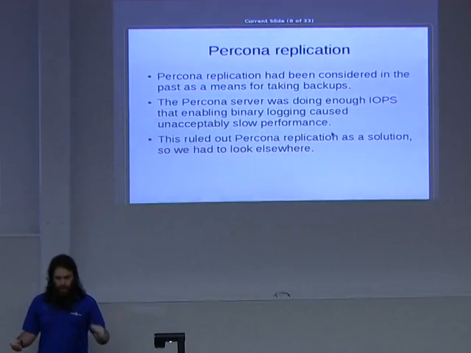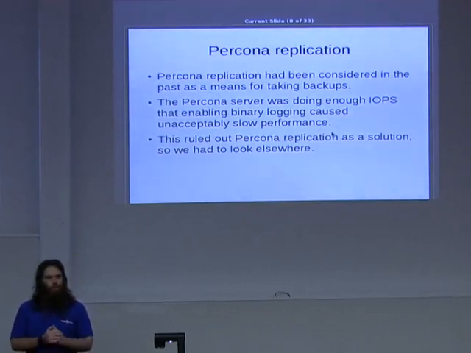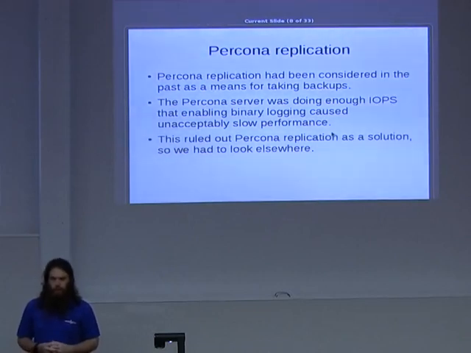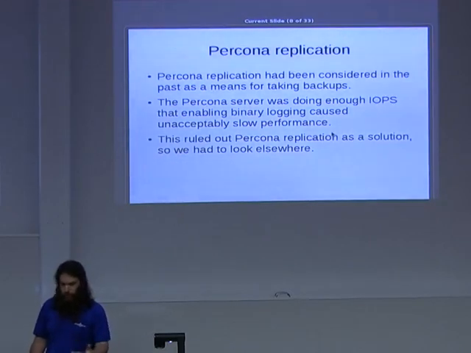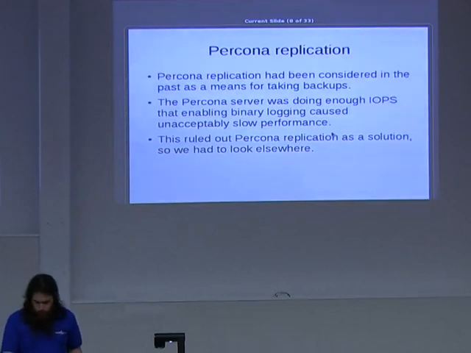And adding that additional write for each query that needs to be replicated slowed down performance to the point where it was not usable because we had so many writes hitting the server. So we already knew from the outset that Percona replication was not going to work because we couldn't turn on binary logging that was necessary for it.